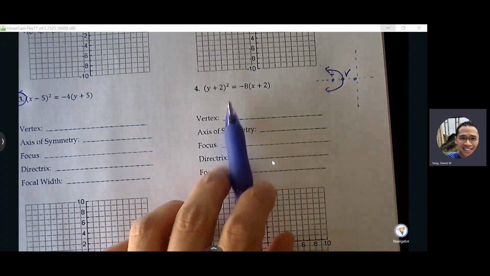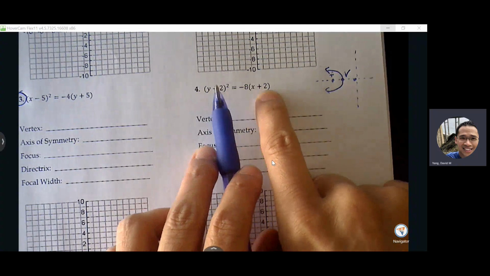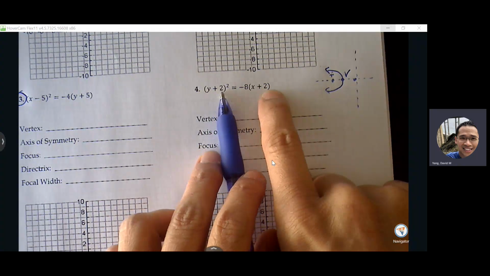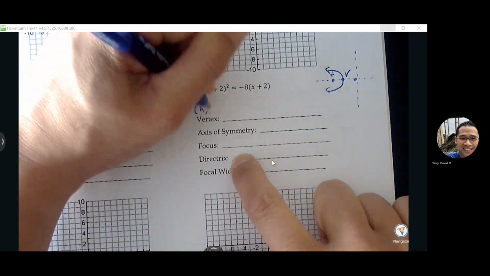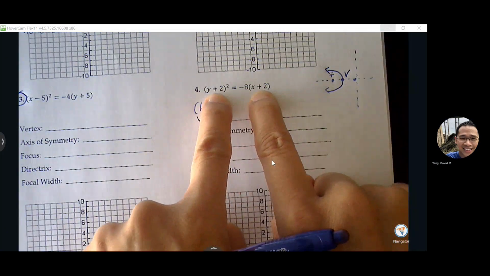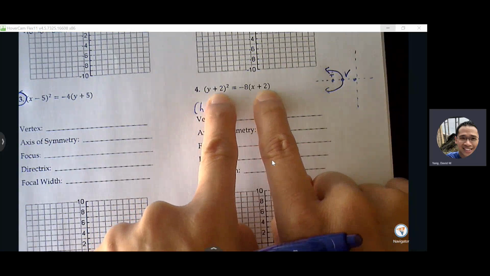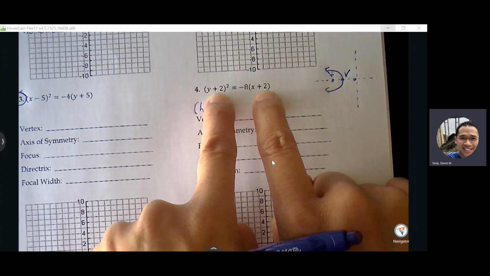The vertex comes from your parentheses, and you follow the h, then the k. The h is always with the x, and the k is always with the y. And then you always have to take what sign? The opposite, right? Opposite sign.